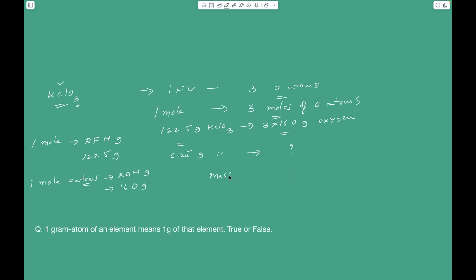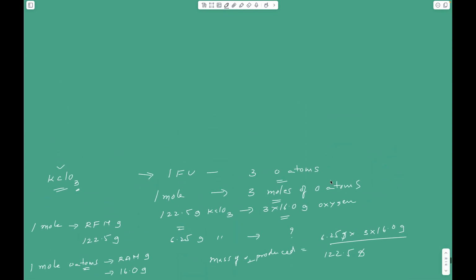So the mass of O2 produced is equal to 6.25 grams multiplied with 3 times 16.0 grams over 122.5 grams. So you do the simplification. So you got the mass of oxygen produced.